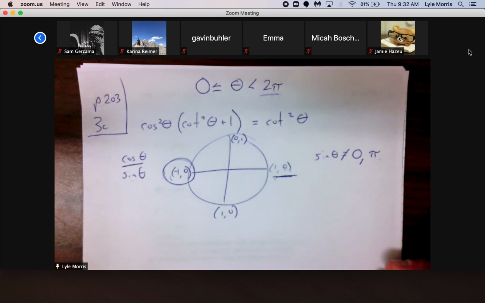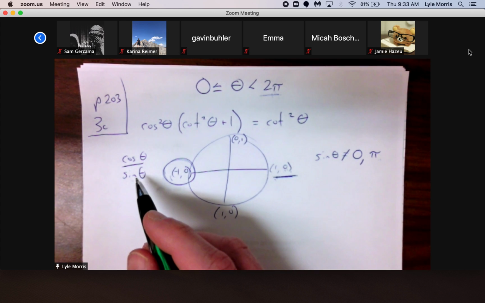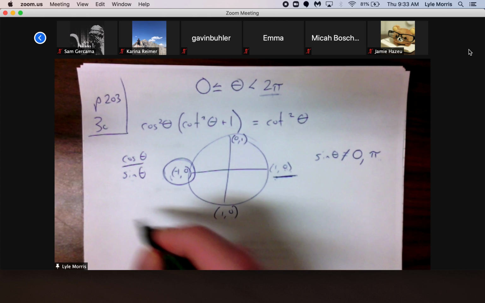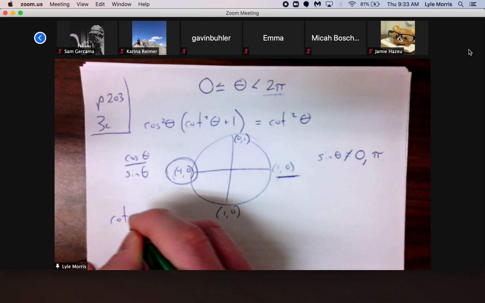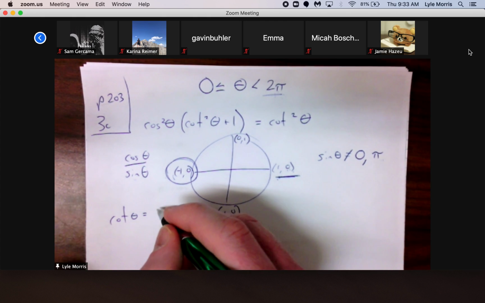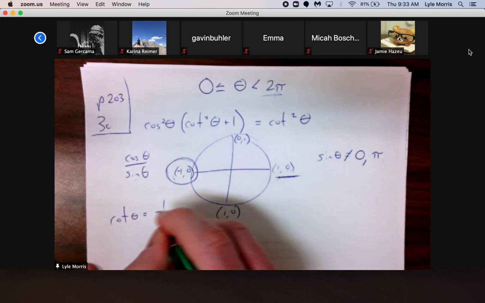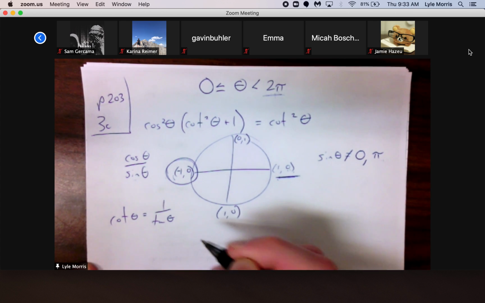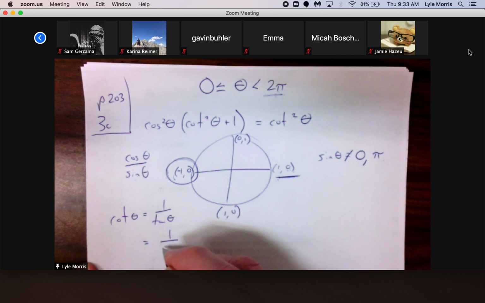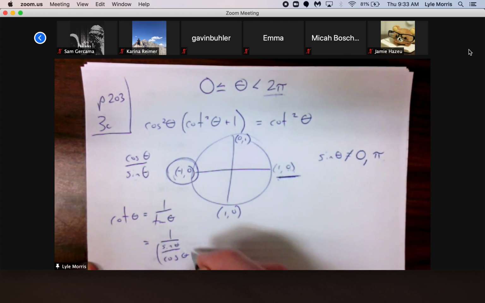The back of the book says that cos of theta can't equal 0, and so theta can't equal pi over 2 or 3 pi over 2. Why can't cos? Oh, dummy. Okay, yeah, obviously. You know why? Because cotan of theta equals 1 over tan of theta, which equals 1 over sine of theta over cos of theta. So you're right.